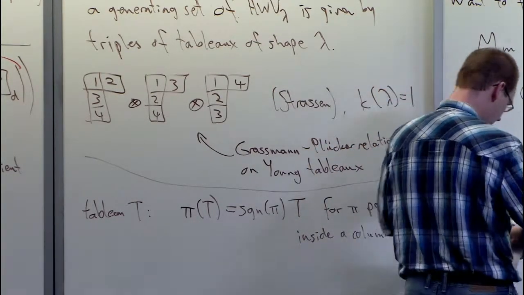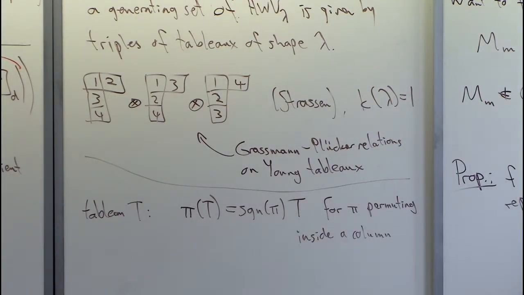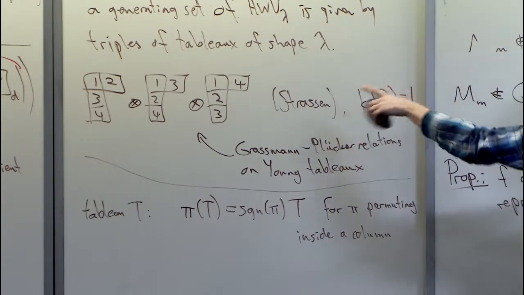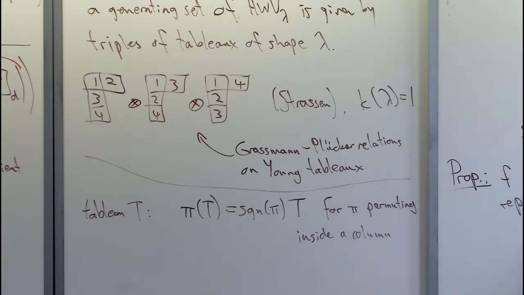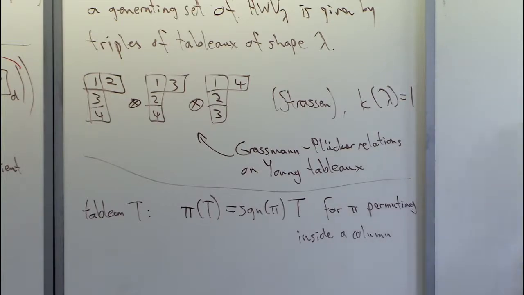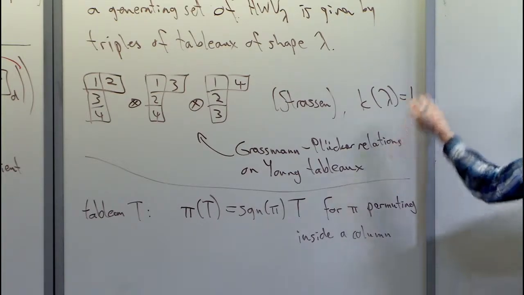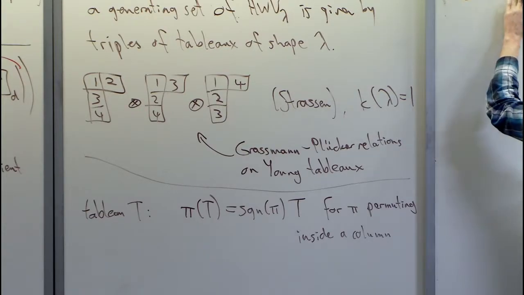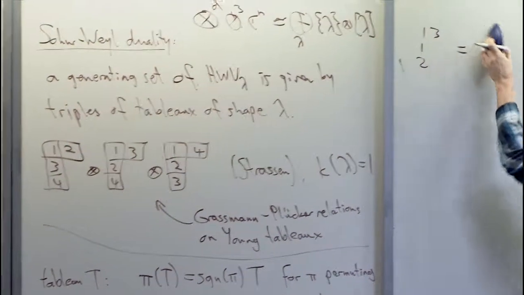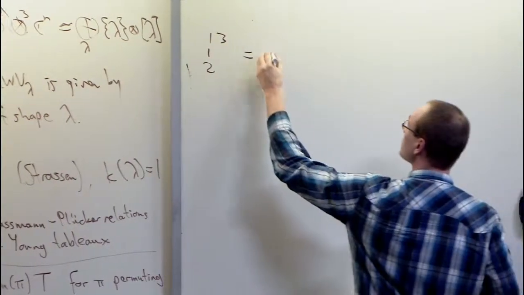That's the easiest Grassmann-Plücker relation. So you would have that this over there, 1342, is actually minus 3142. And in particular, you have that things vanish now. For example, the easiest example that you get, this tableau is actually 0 because it's minus itself, right? This is why it vanishes.